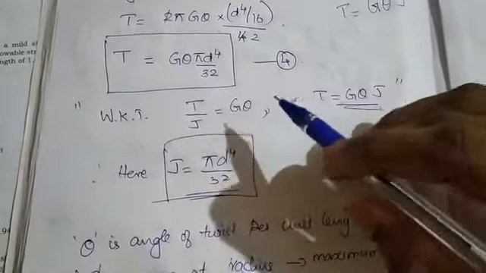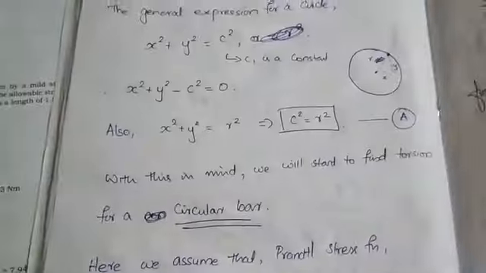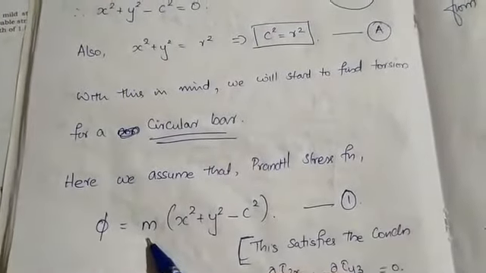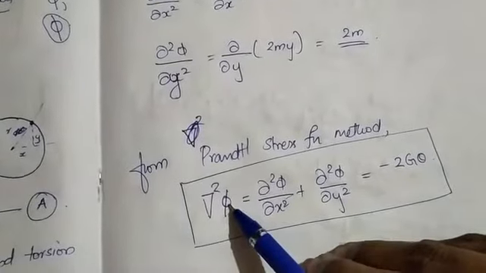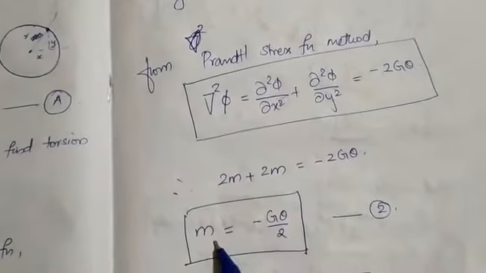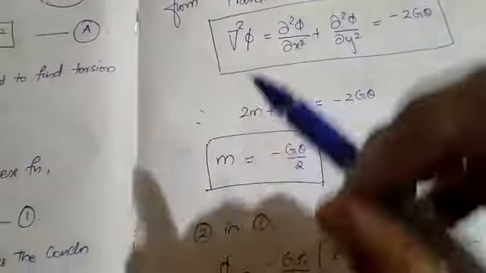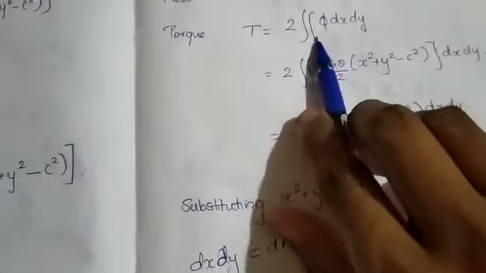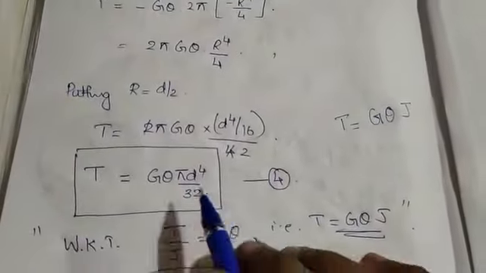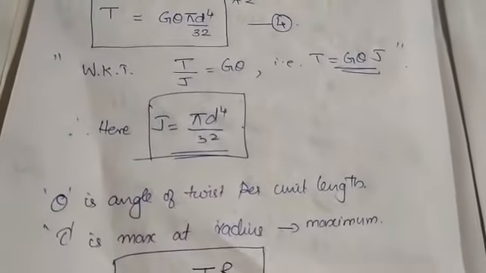You just need to know what you have done. First, you assume the value for phi, then put it in the del square phi equation and take the value of the constant from there. Then you differentiate it again and find the shears. After that you find the torque with this equation.